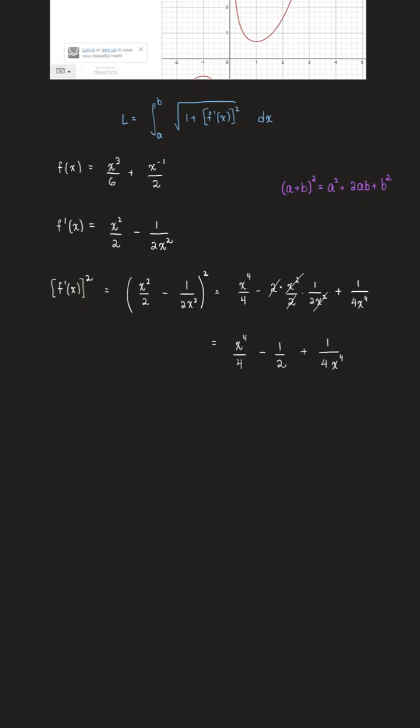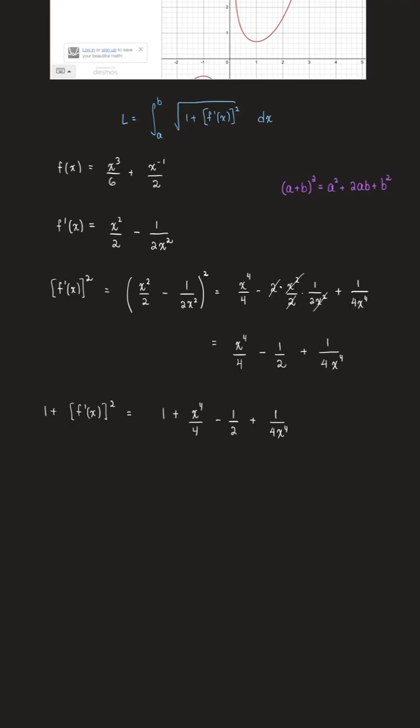As our formula for arc length tells us, the next thing that we need to do before taking the square root is add 1. So when we have 1 plus the derivative squared, we'll be able to combine some like terms here. The 1 minus the 1/2 will give us a positive 1 over 4x to the 4th.